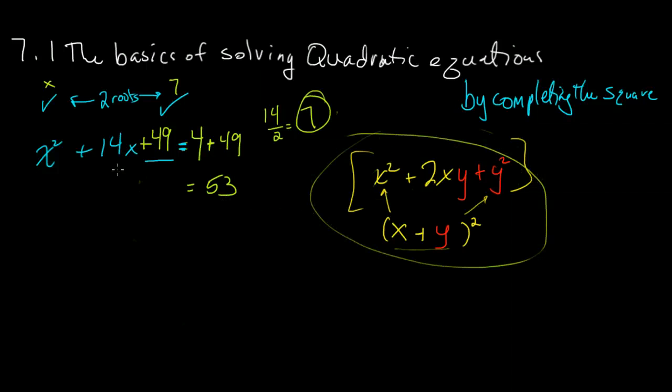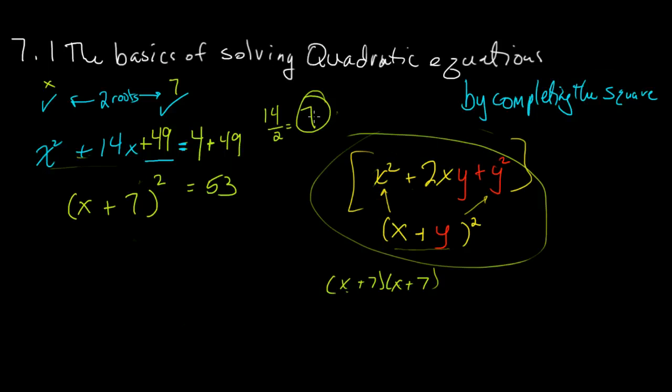So I should be able to have a binomial square: our square root over here is x, our square root over here is 7, this sign is positive, and that bears out. If I were to distribute that out, I would get x times x is x squared, x times 7 plus x times 7 is 14x, and 7 times 7 is 49. So that's good. That's what we did.